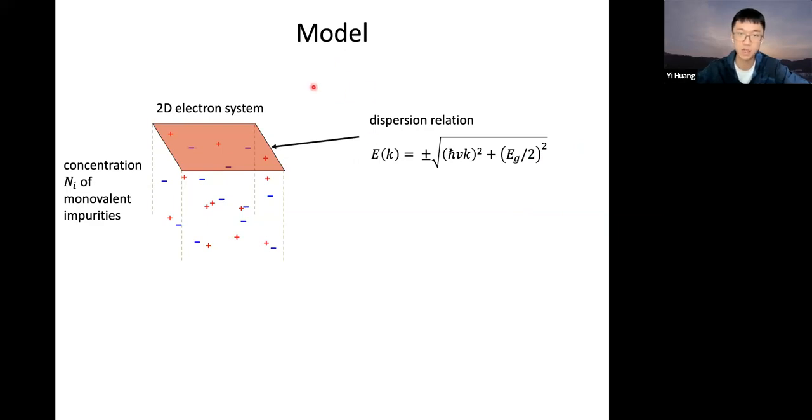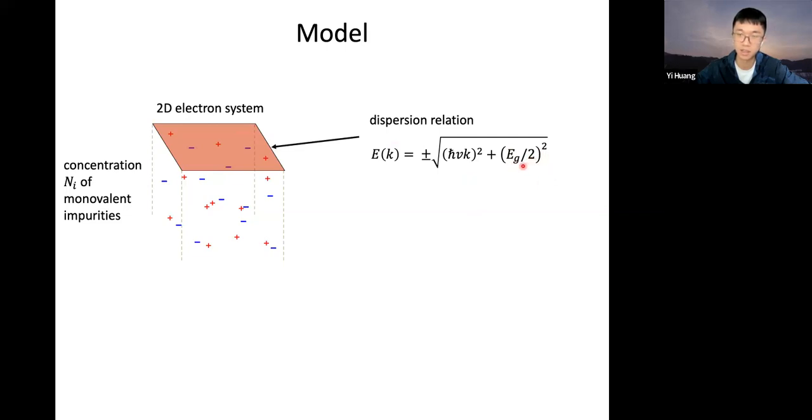To calculate that, we use a model, as I said, of a 2D electron system. The electrons have a dispersion relation of the form of a gapped Dirac dispersion.